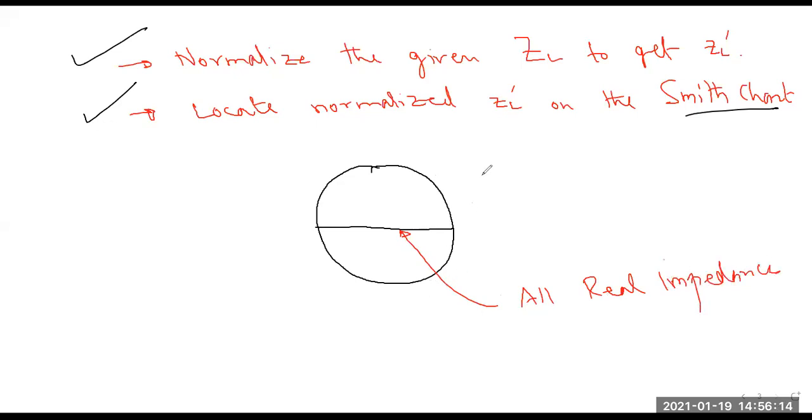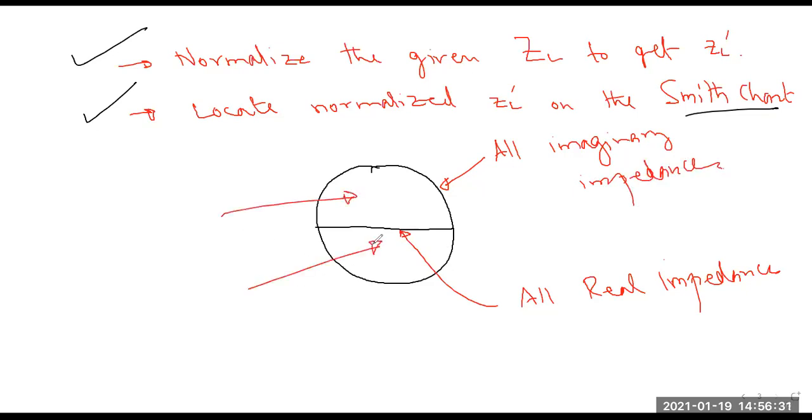And this outermost circle is for all purely imaginary impedances. And this area and this area is for all possible complex impedances.